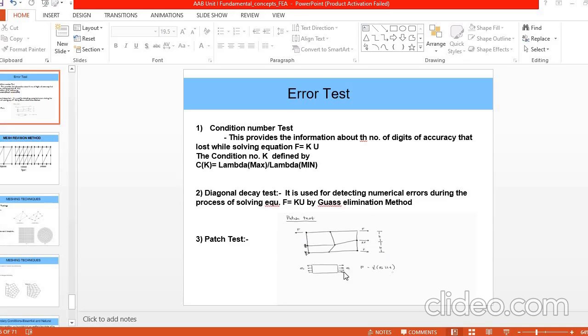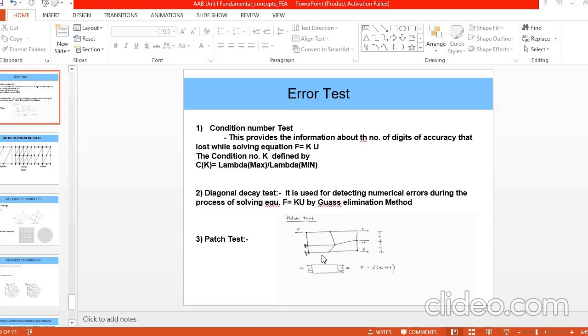Element shape should be irregular. Next, the boundary of the patch can be rectangular with uniformly spaced nodes.